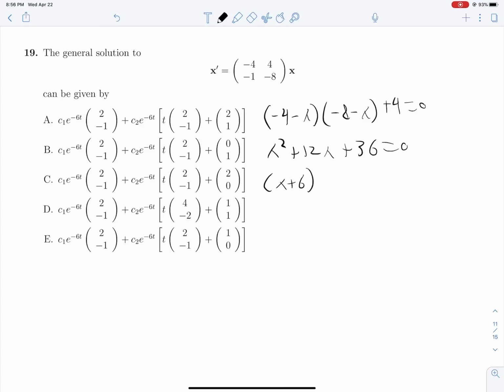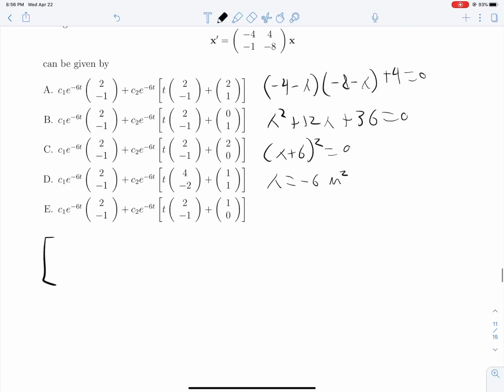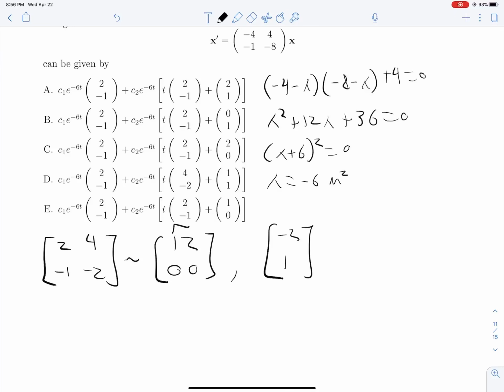(Lambda plus 6) squared is equal to 0. Lambda is equal to -6 with a multiplicity of 2. So plugging in lambda equals -6 to A minus lambda I, we will get 2, 4, -1, -2. We can simplify this down to 1, 2, 0, 0, and extract an eigenvector of -2, 1 out of that, because we can write this as an equation.